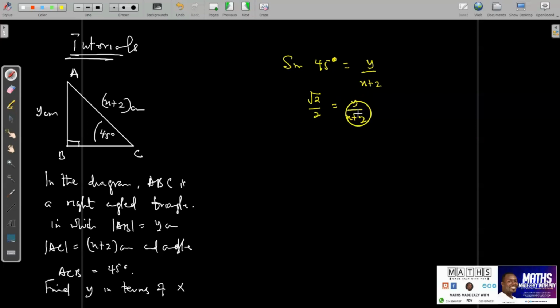So making y the subject, what must we do? Multiply both sides by x plus 2. Then cancel out. Exactly. So we are going to have root 2 on 2 being multiplied by x plus 2 is equal to y. So the final answer is root 2 on 2 times x plus 2.